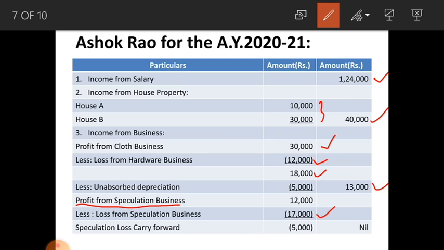When you deduct this 17,000 from 12,000, there is speculation loss of 5,000 remaining. You cannot set off this loss against any other head of income. That is why speculation loss carry forwarded to the next year 5,000. Write it in the first amount column only, don't write it in the second amount column.